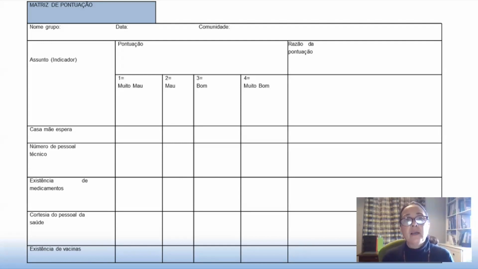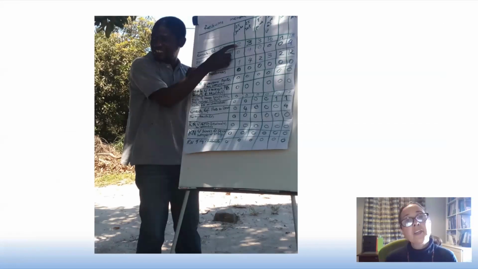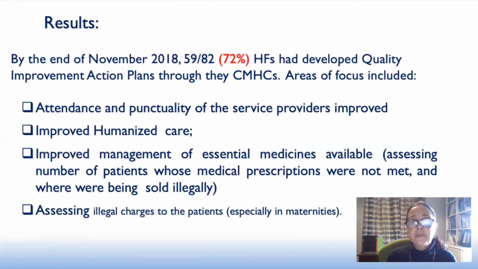In this scorecard process in Mozambique, the indicators were generated together between the community and the health facilities through a partnership defined quality process. The results: 72% of the health facilities, through the quality improvement and humanization committees, developed a quality improvement action plan.